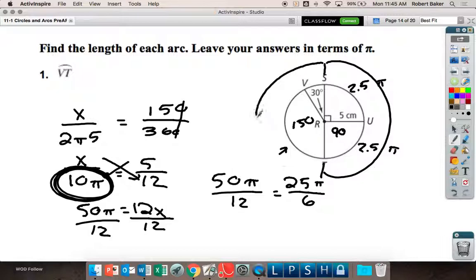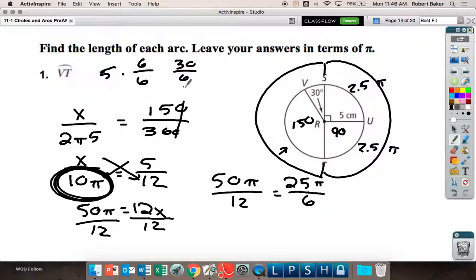So how long is this whole piece? 5 pi. But I have 25 pi over 6. So how do you get 5 pi and give it a denominator of 6? Multiply it by 1. 30 over 6.